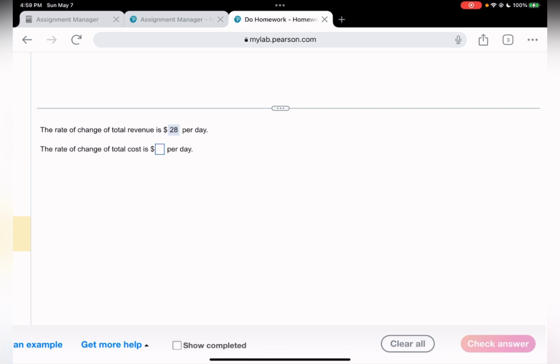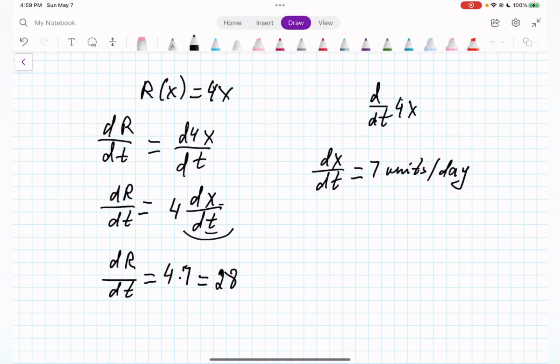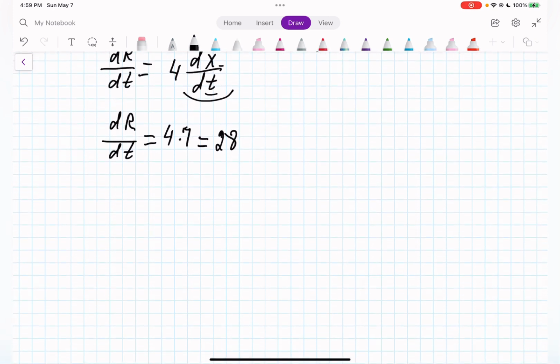Okay, what is the second question? Rate of change of total cost. Let's take care of total cost. Our total cost is C of x, I took a picture of it, equal to 0.01 x squared plus 0.2 x plus 10.